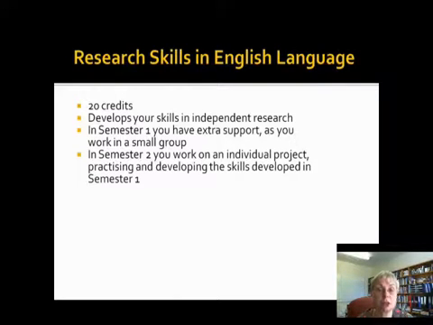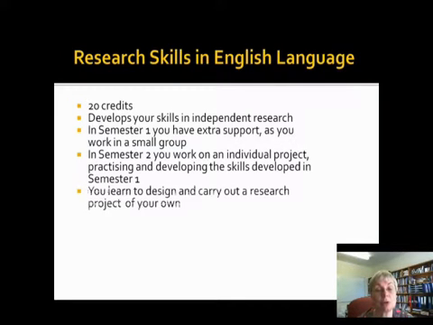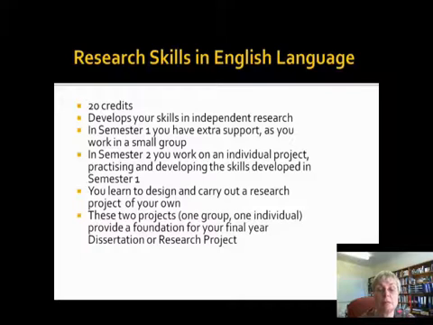In Semester 2, you'll be working individually on your own project, and the skills that you will have developed in the first year and in your group work in Semester 1 will be built on there, and you'll develop them even more. So the main focus of both semesters' work is to design and carry out a research project of your own, first as a group and then independently.